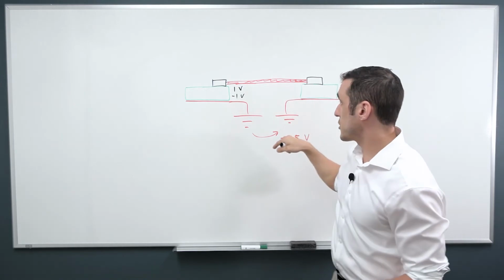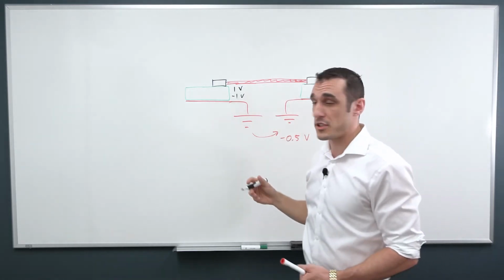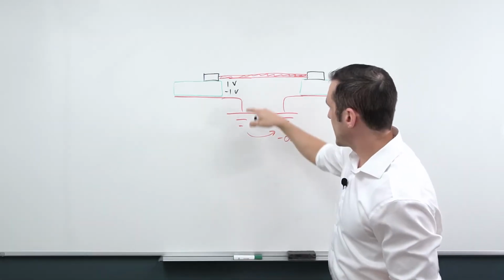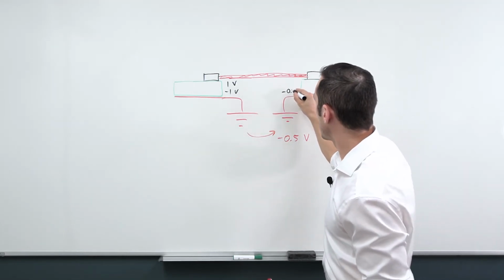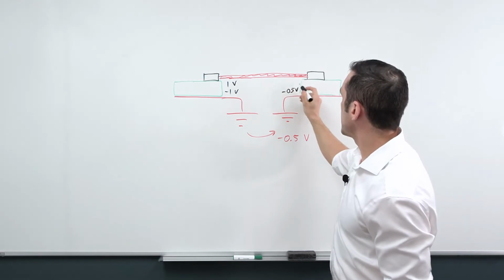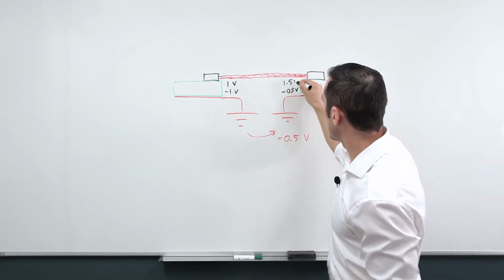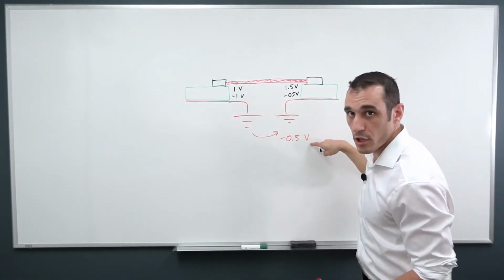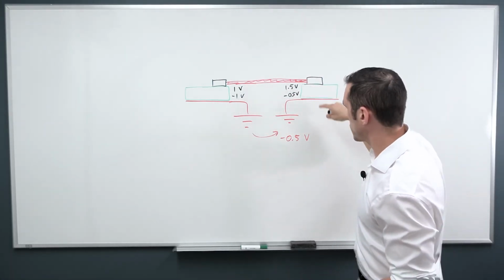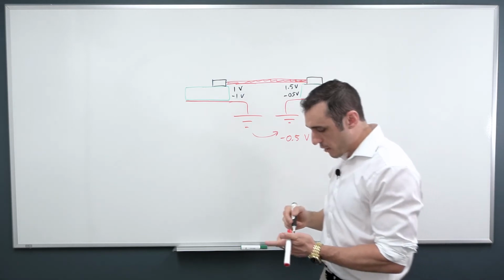But now because of the ground offset, the individual voltages are actually different. So here I was at negative 1 volt with respect to this ground. So then I'd be at negative 0.5 volts. And then here I would be at 1.5 volts. So here I was at 1 volt with respect to this ground. This ground is a half a volt lower. So the total potential difference is now 1.5 volts.